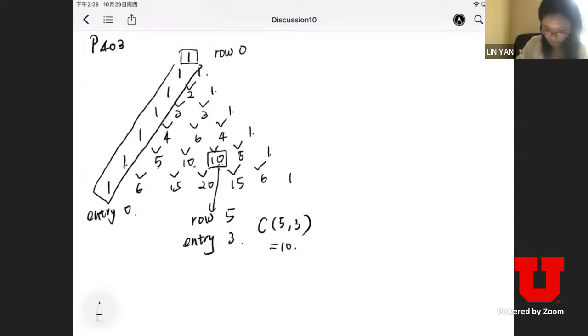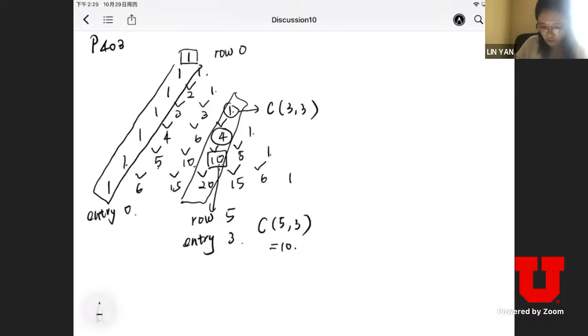Now let's look at all the entry 3 items. This one is row 3, entry 3, so it's 3 choose 3. This one is row 4, entry 3, so this item is 4 choose 3.